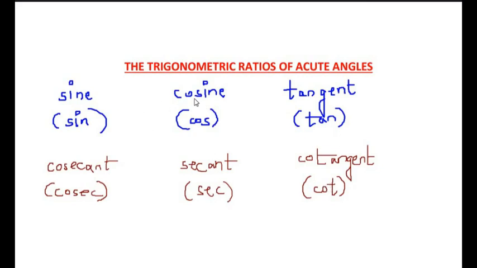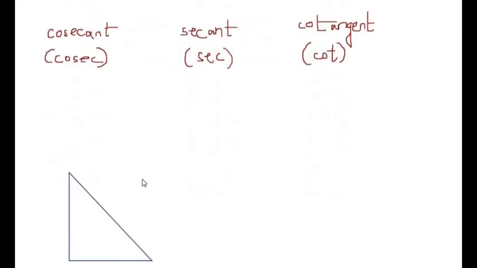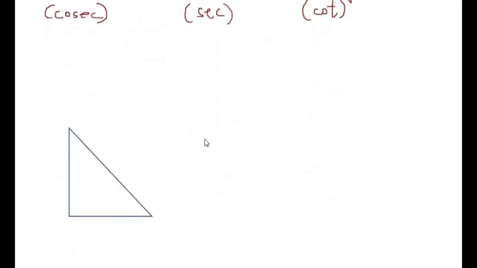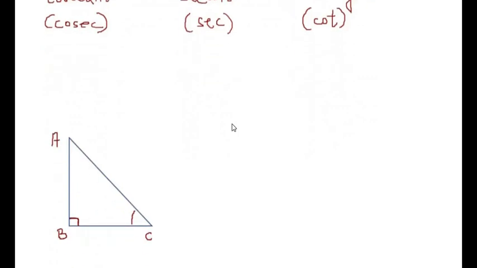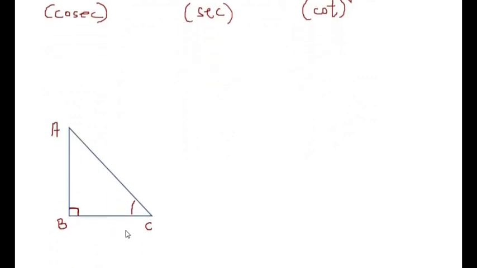Now how do we use these trigonometric ratios in finding out the values of the triangle? This is a small triangle I have drawn over here. Let me name it as A, B and C, and B is a right angled triangle. Now let me take the angle of concern as C. Now I want to write all these trigonometric ratios in terms of sides of this triangle.